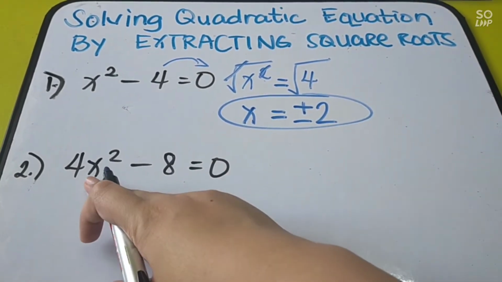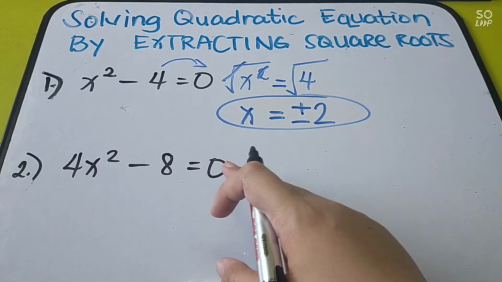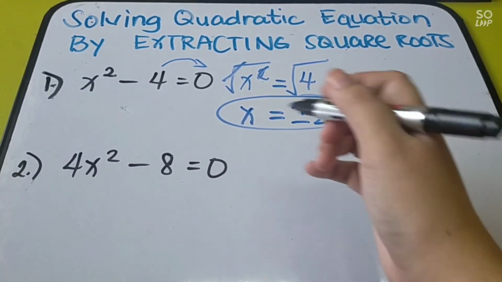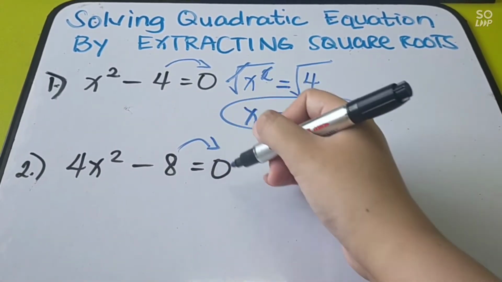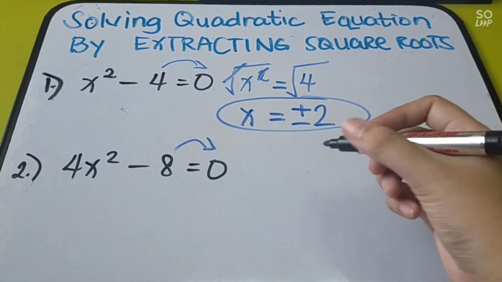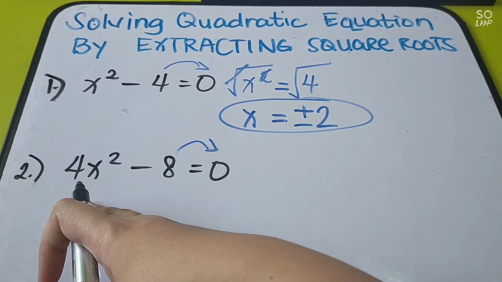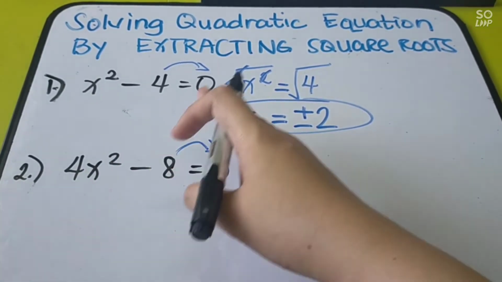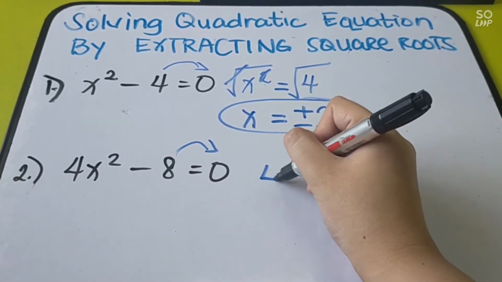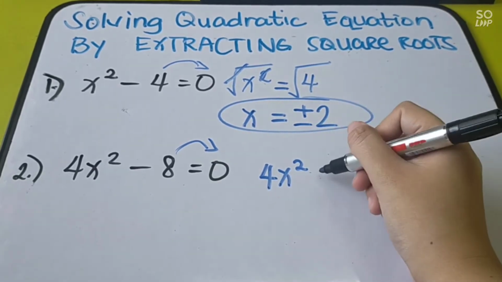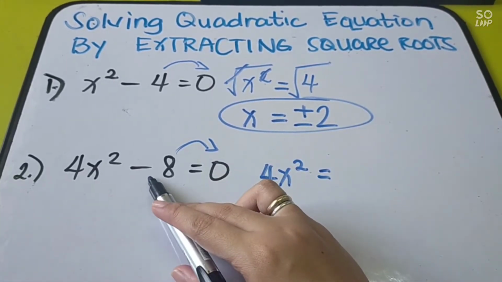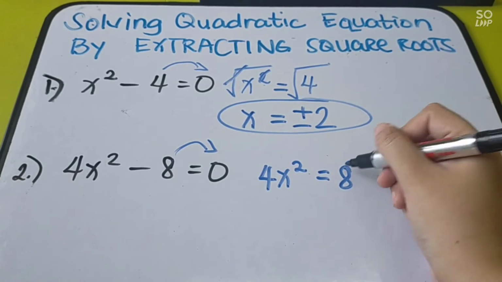Next tayo. We have here 4x squared minus 8 is equal to 0. Again, si constant term, lagay mo sa right side. Laging ganun, ha? Kapag ang constant term mo ay kasama ni quadratic term, lagay mo lagi si constant term sa right side. So, matitira dito ay si 4x squared is equal to, si negative 8 becomes positive 8.